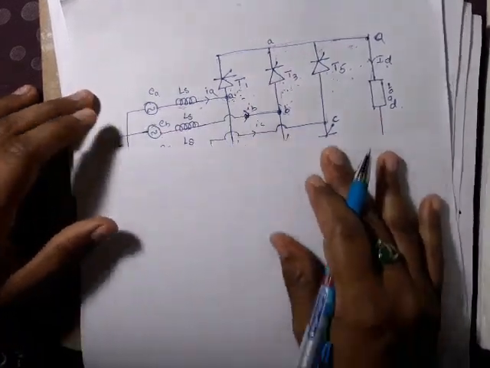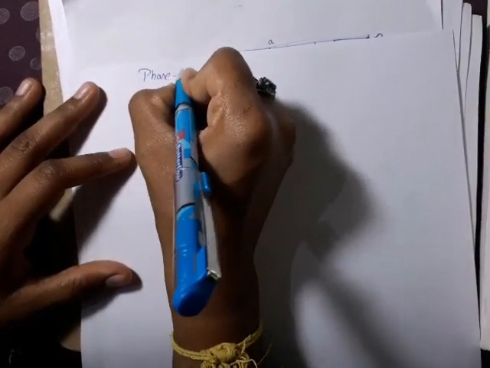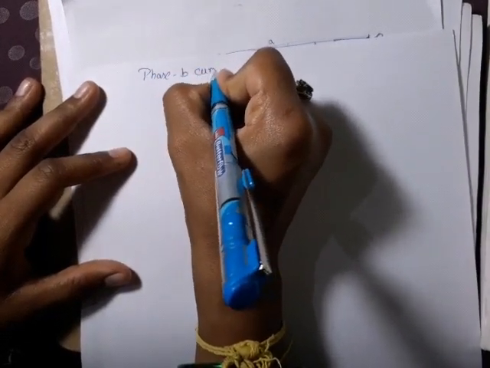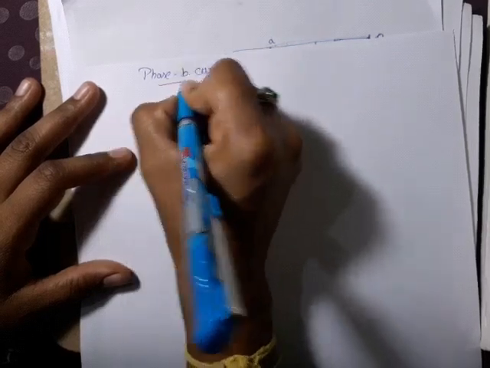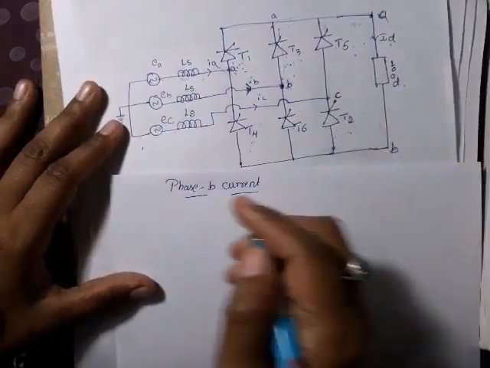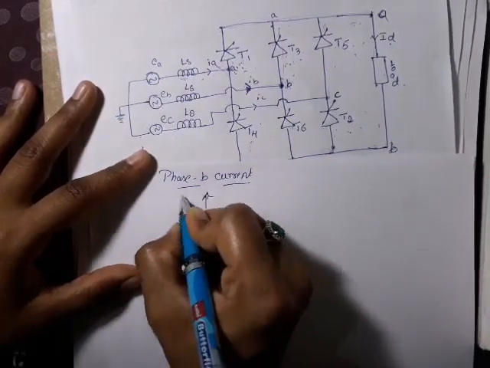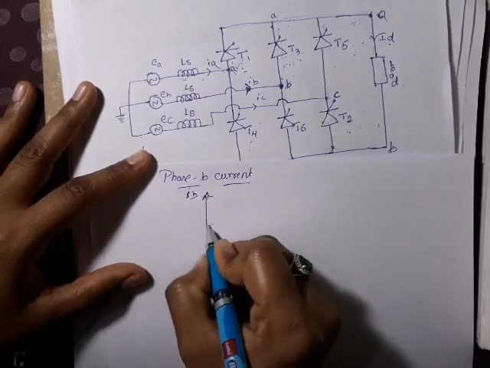So I'll choose IB, the phase B current. Now let us assume how the current changes.